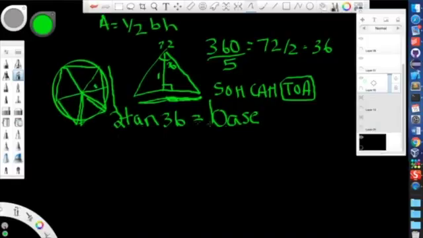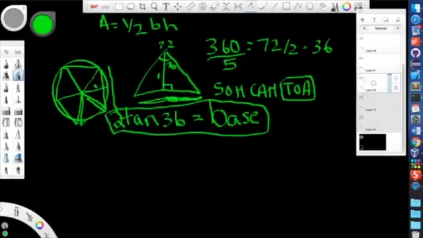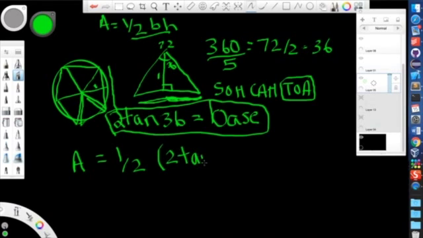So base equals 2 times tan 36. Great, so we have the base, we have the height. That means we can plug it back into this formula. Area equals 1/2 base 2 tan 36 times height 1.